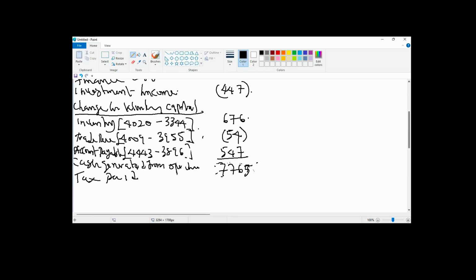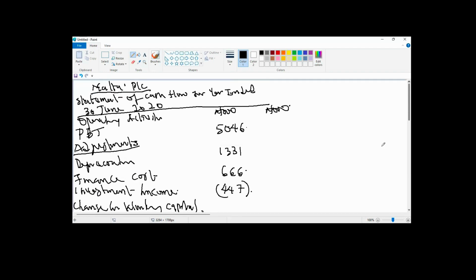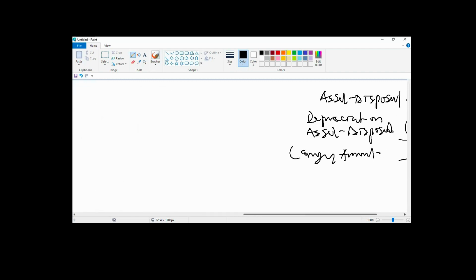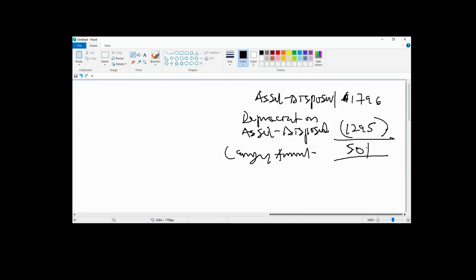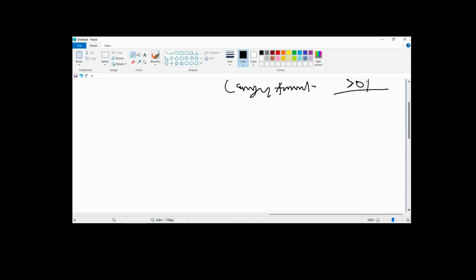How do I calculate tax paid? Don't forget, go and check. Does he have deferred tax? Yes. At the beginning, what is the deferred tax at the beginning? 746.